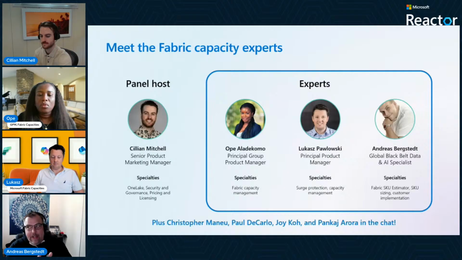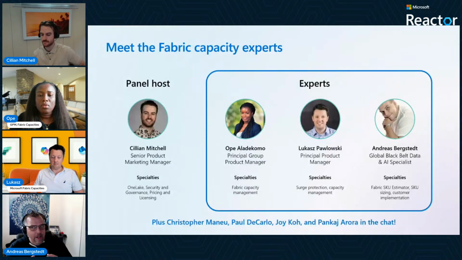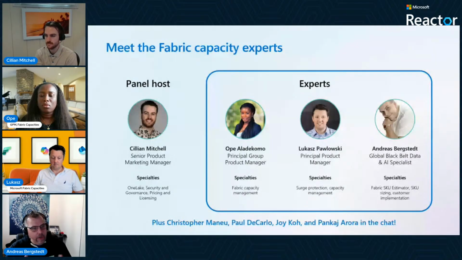But I think what Christopher said in the chat is correct. If this is to see how much available capacity you have, that does not necessarily reflect directly in the metrics app or in the Azure billing statement. That is something you have to work out in between.